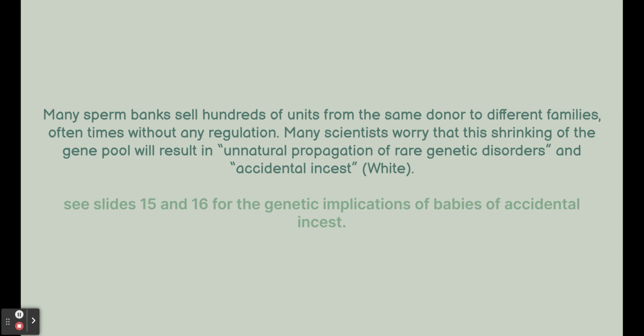So now in theory you could have 100 babies created from the same father, which creates a smaller gene pool, and then that situation with the incest can happen again.